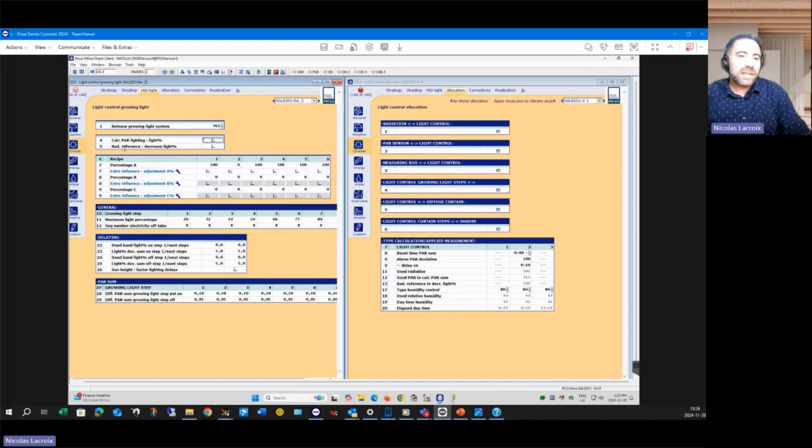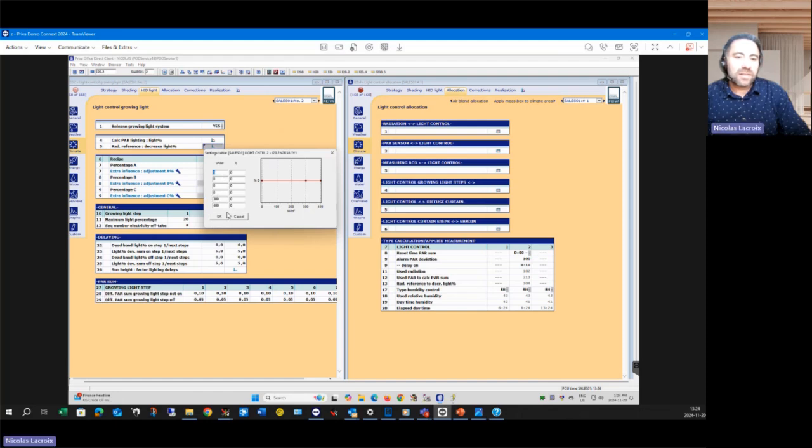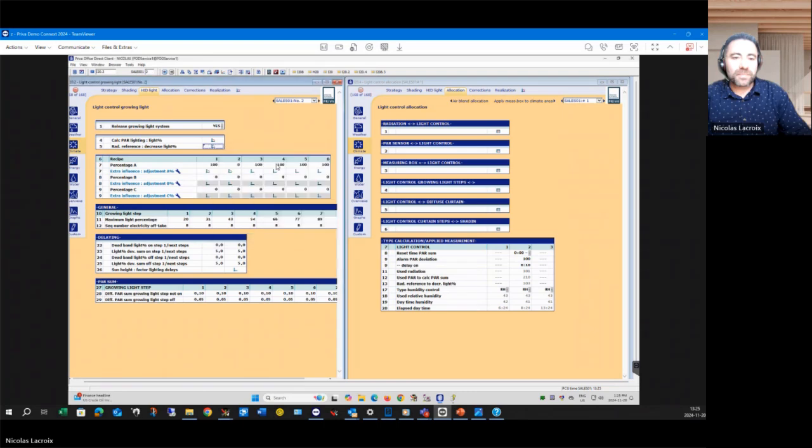And now you have radiation reference decrease light percentage. So you can set the table so you can dim the light as the outside radiation increases.